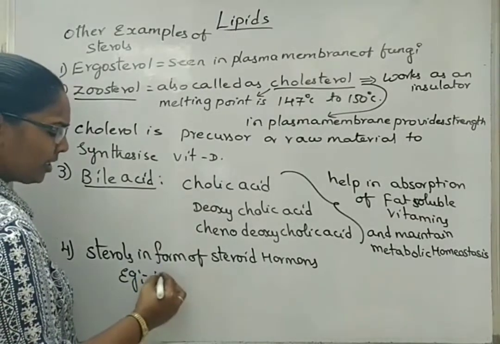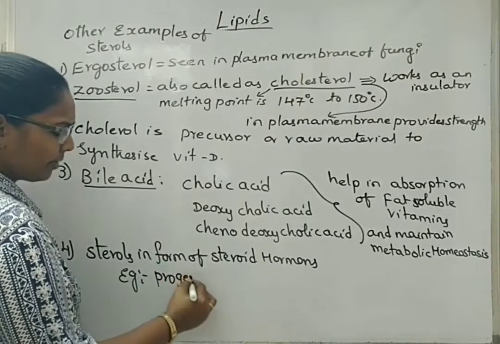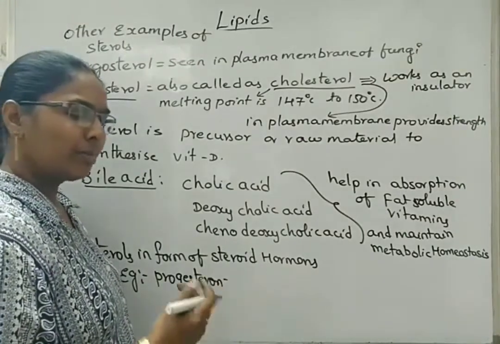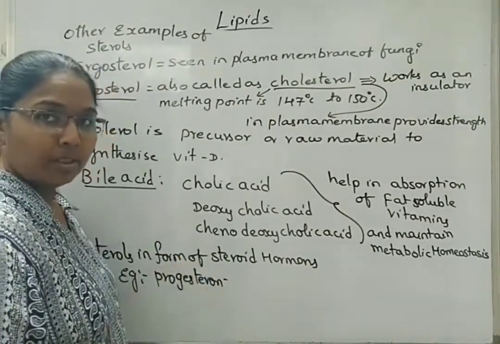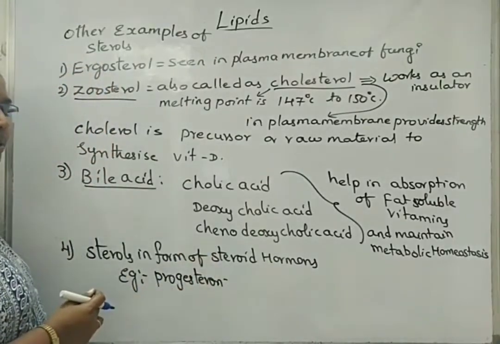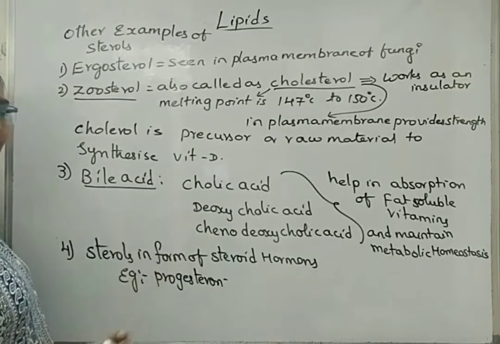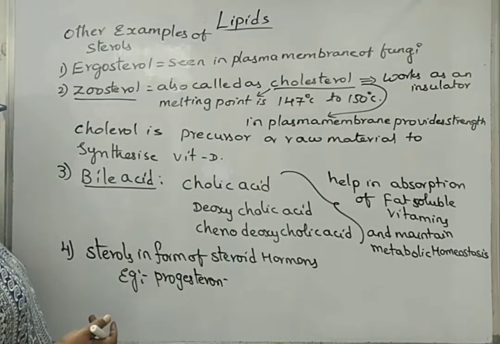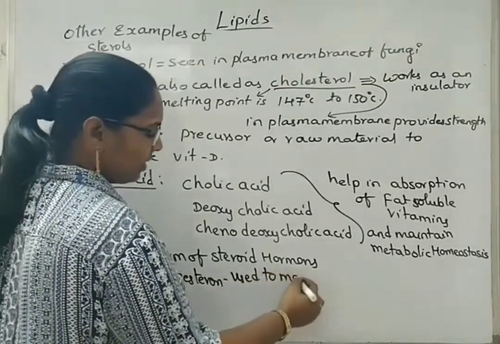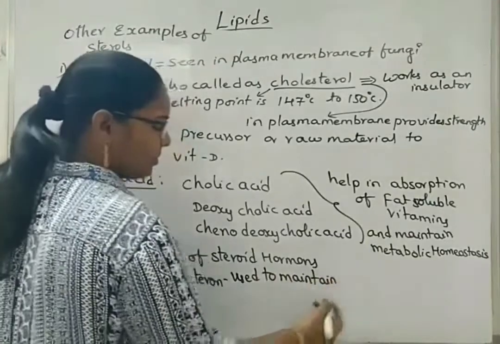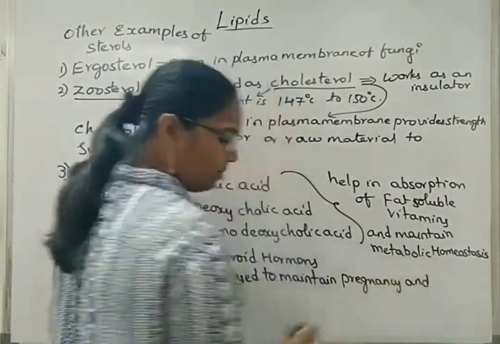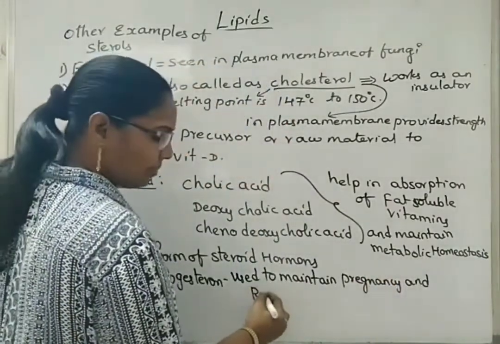Progesterone is secreted by many organs in the body, but for example the ovaries and the corpus luteum produce progesterone. What is its use? Progesterone is used to maintain pregnancy throughout the pregnancy period and also to regulate the menstrual cycle.